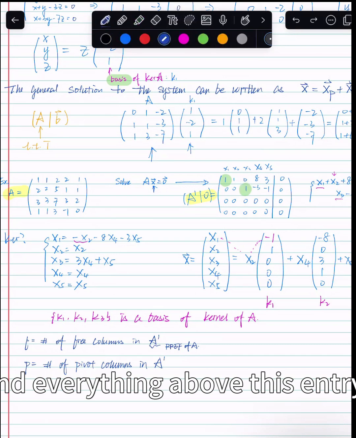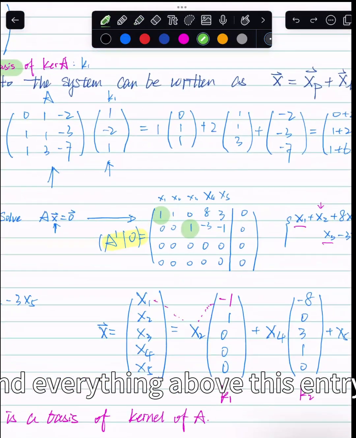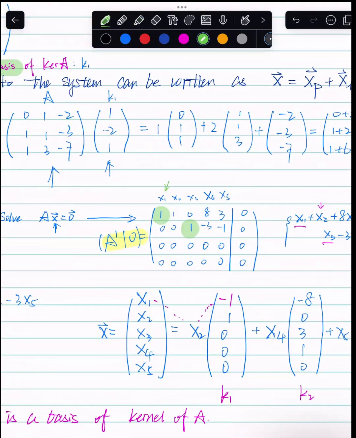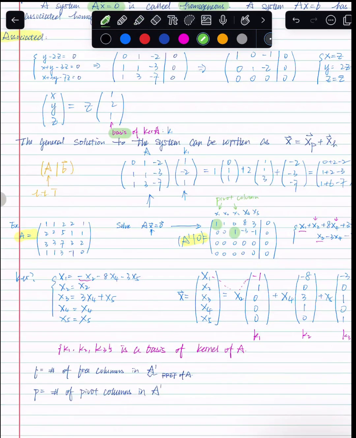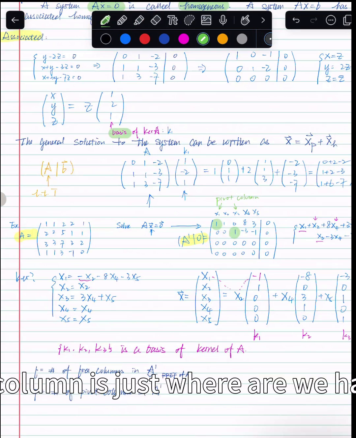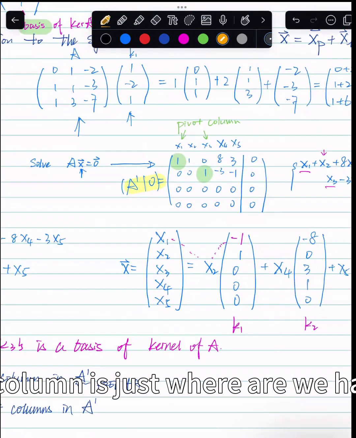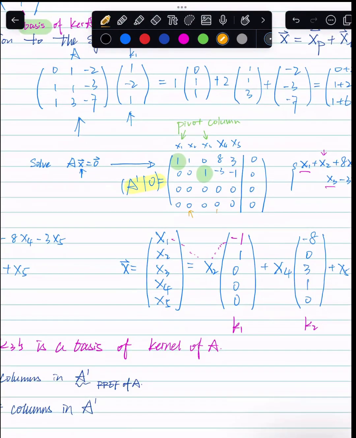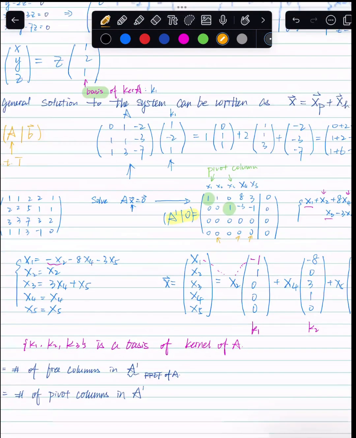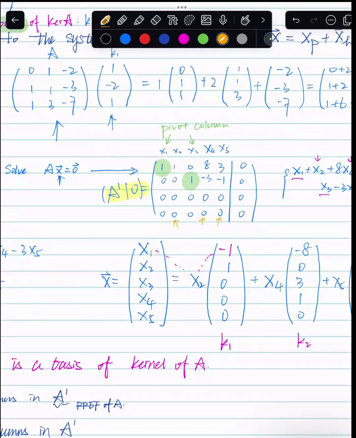So these two are the pivot columns. And so the free columns are just where we have something else, these three.